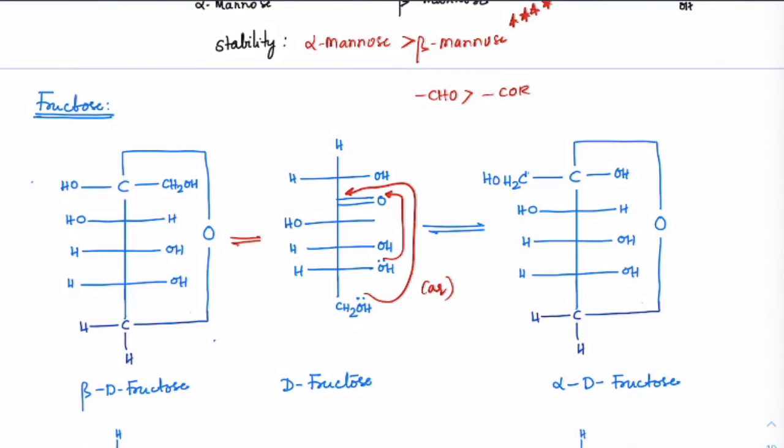Other than this, there is no other explanation, so please do not put too much brain into that. Remember, you will get more 5-membered rings rather than 6-membered rings when it comes to keto forms. It is not just with fructose, any form of sugar.